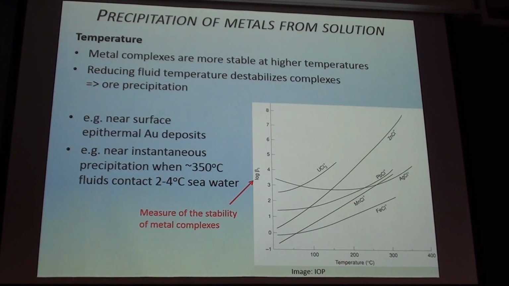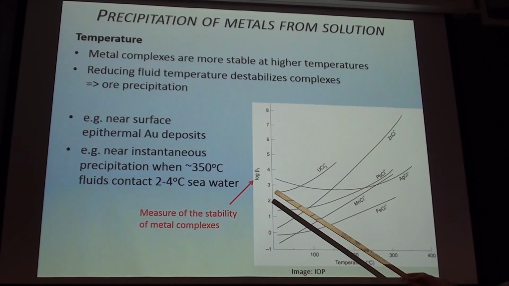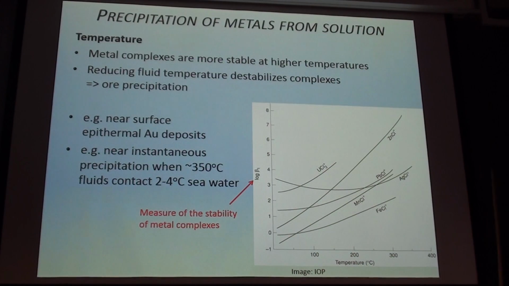So what causes metals to precipitate? For instance, a decreasing temperature. As you can see, we've got temperature decreasing, and this is a measure of the stability of metal complexes. Here we've got, for instance, uranium chloride and lead chloride and zinc chloride and whatnot. As we decrease the temperature, the solubility of these complexes decreases.